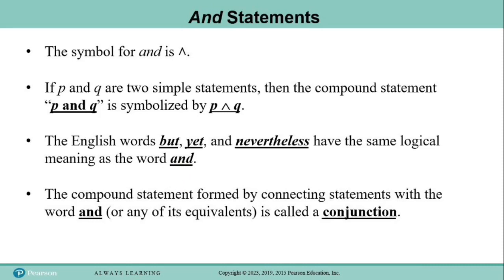But in logic, the compound statement that is formed by connecting statements with the word and, or any of its equivalents, is called a conjunction. So just keep that in mind. The word conjunction does not just refer to the word between the two simple statements, but it's the whole compound statement where the simple statements are joined by the word and.